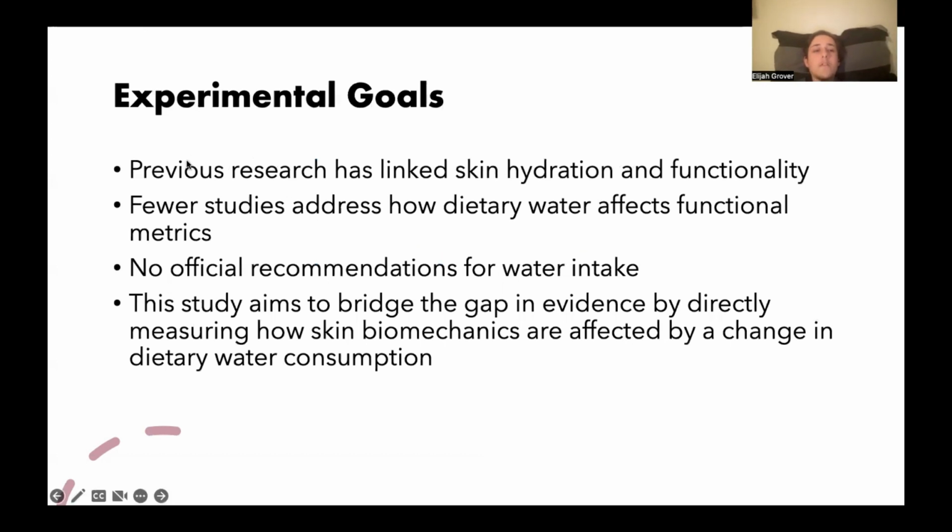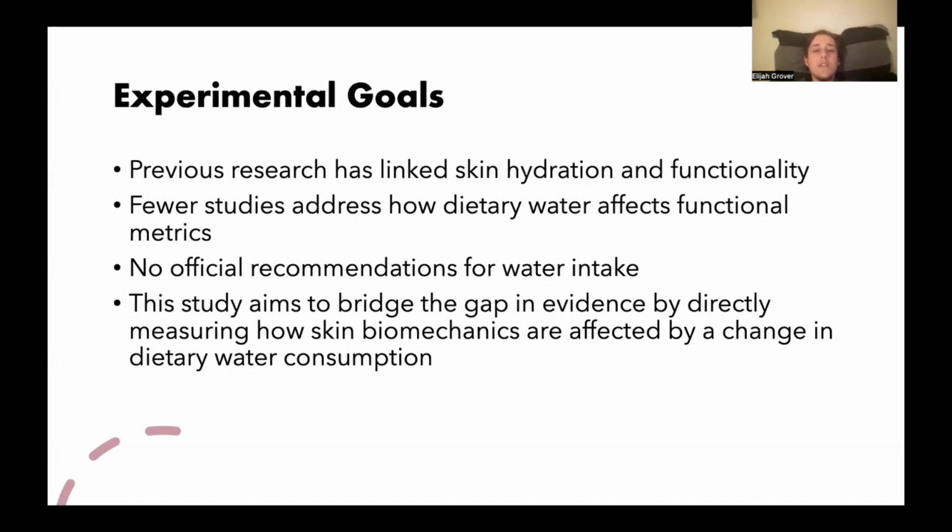So, while previous research has been able to link skin hydration with some of these measures of functionality, there's not a lot of evidence that addresses how water intake, and the one we're most interested in, dietary water, affects these functional metrics.